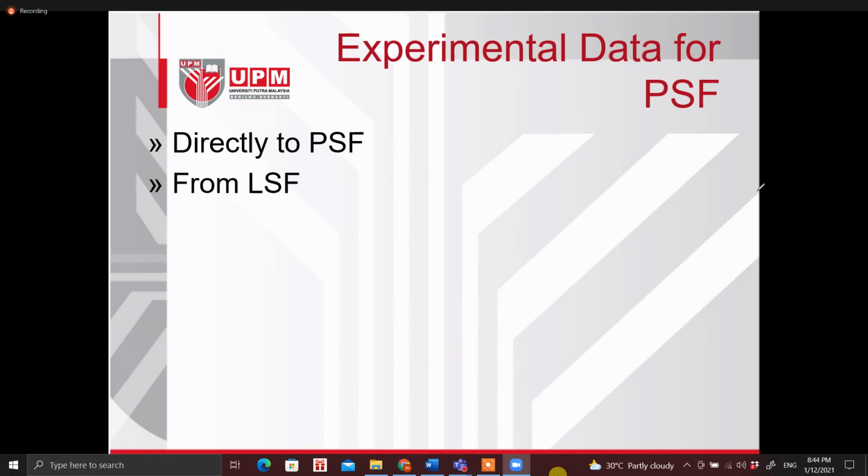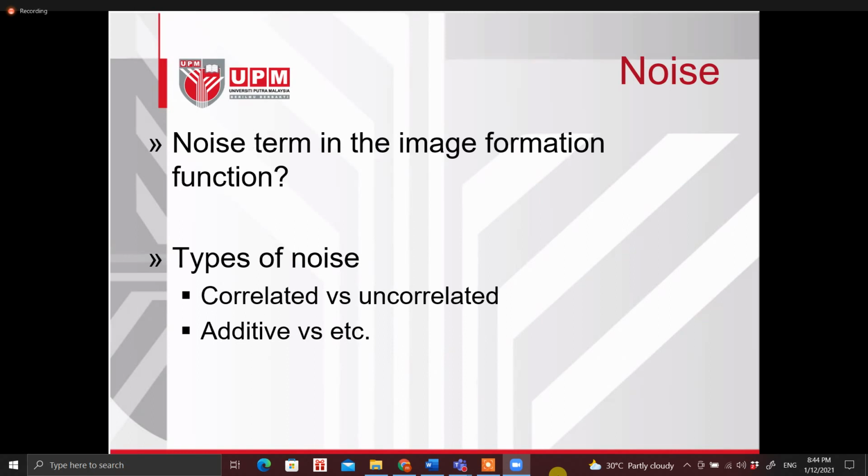But in an image, apart from point spread function, most of the time we also need to deal with noise. If I want to plug the noise term into our image formation function, how is it going to look? We have G alpha beta, equivalent to summation, meaning it will add all points related to the output image.